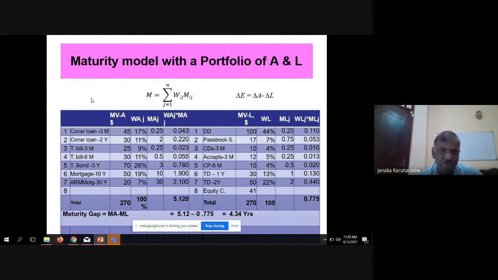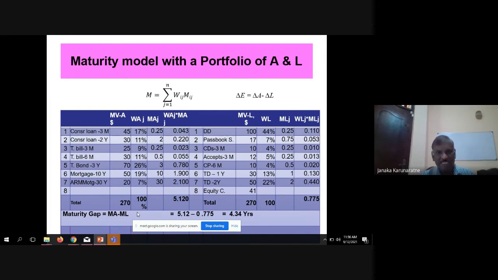Then you can compute the weighted average maturity, which is an aggregate of individual WA times MA. Similarly on the liability side. Now take the first example, consumer loan, 3 months. The market value of those loans has been estimated at 45 million. So this 17% is the weight.